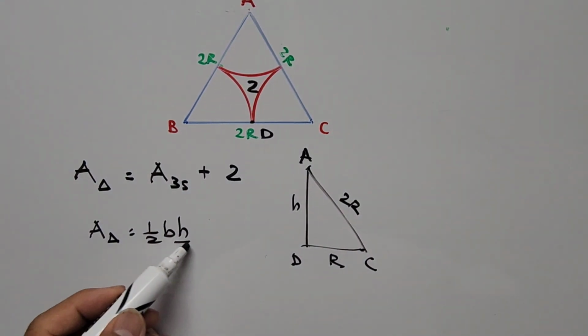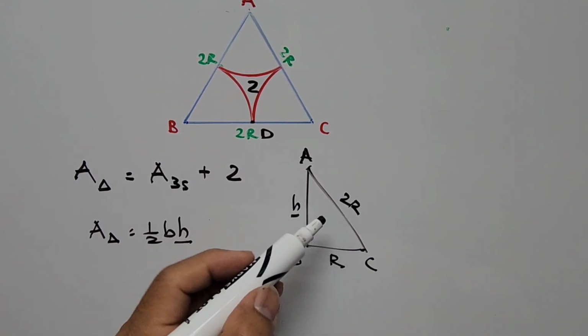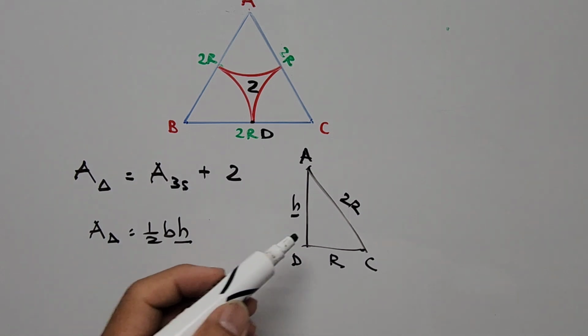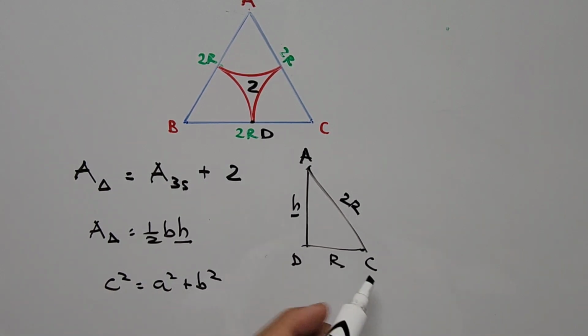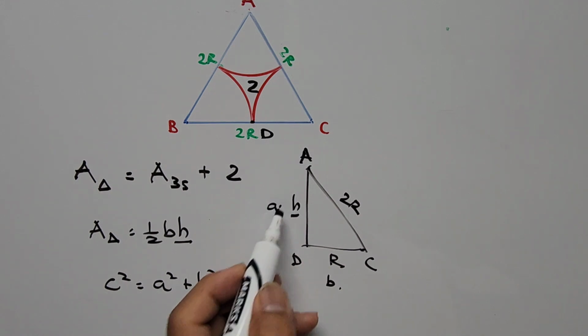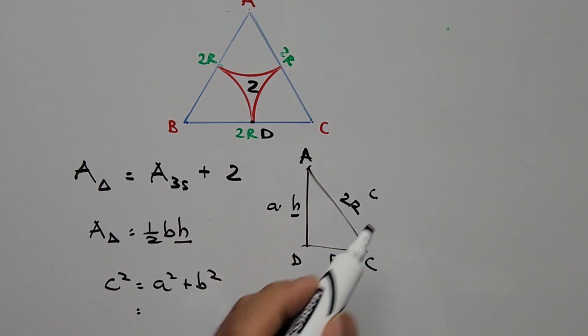Since we need the height of the triangle, we have to express the height in terms of the radius r. So we're using the Pythagorean theorem to solve for the height of this triangle ACD. From the formula, c squared is equal to a squared plus b squared. We designate the base, that's CD, as b, and h as the height, or a in here. So we have c squared, where c is the hypotenuse, by the way.